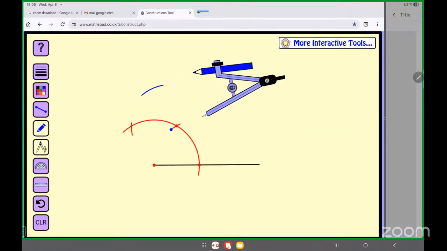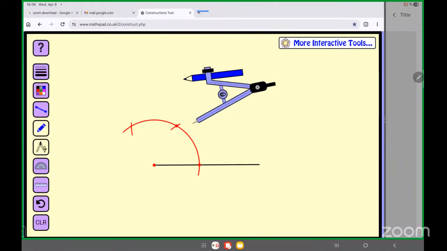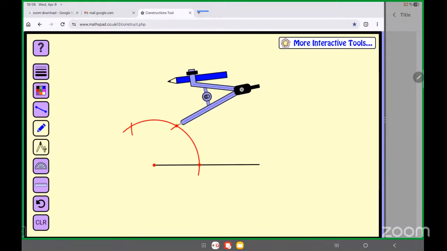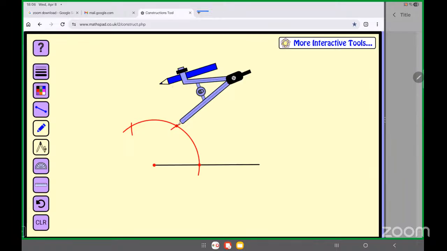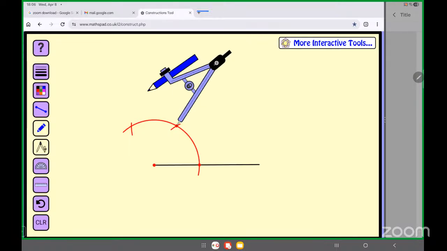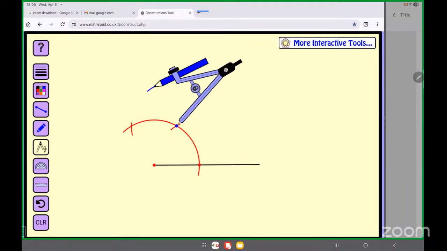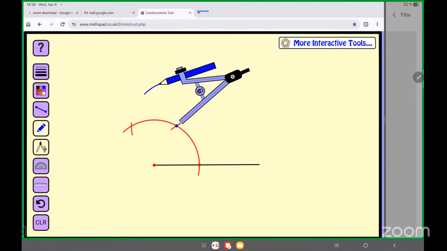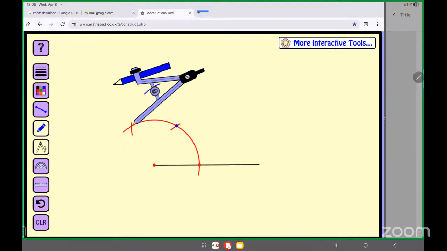So I'm going to undo those. It needs to be right here at the intersection. So let's go again. Make the arc up here. Come to the other end of that 60-degree arc.